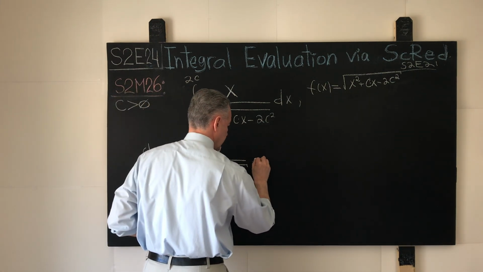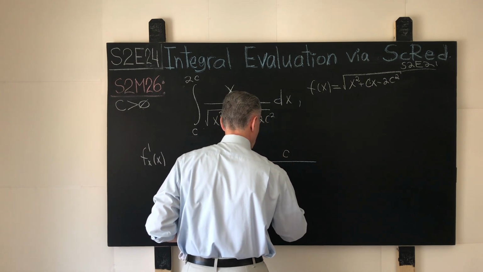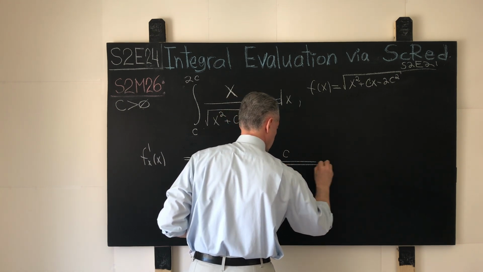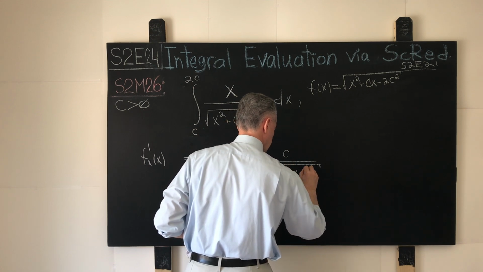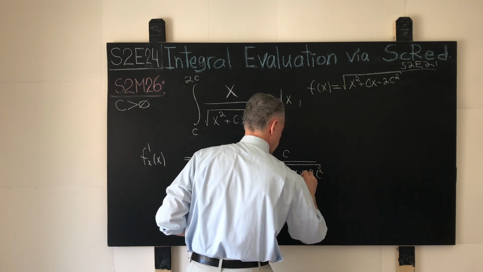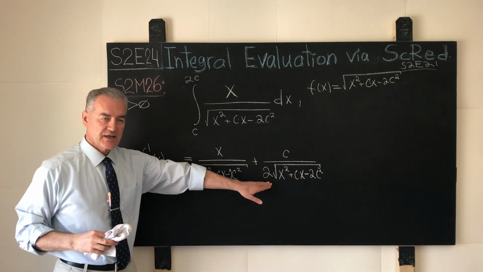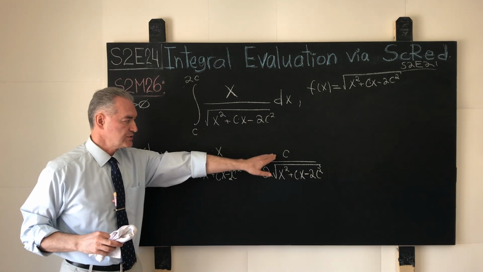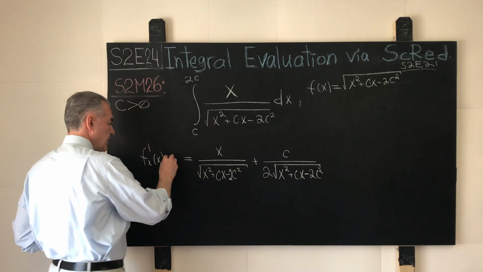And in the second term, what will we have? We will have c over 2 square roots of x squared plus cx minus 2c squared. That much we also understand. Here 2 does not cancel because x is in the first power, c over 2. And what is the next maneuver? Well, the next maneuver is this.